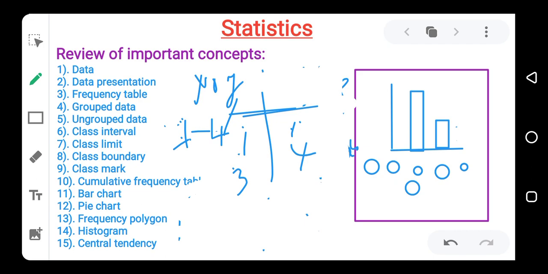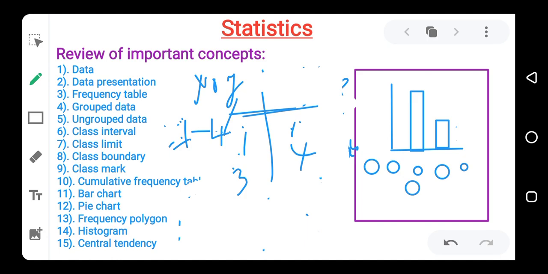For this one, 1 and 4 are the class limits. They represent the lower class limit and the upper class limit. Those are the 2 components of the class interval. Not lower class interval, but lower class limit and upper class limit.